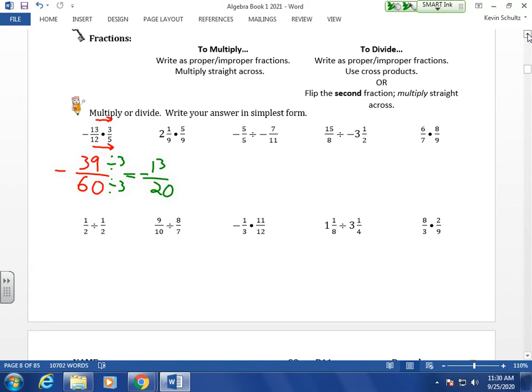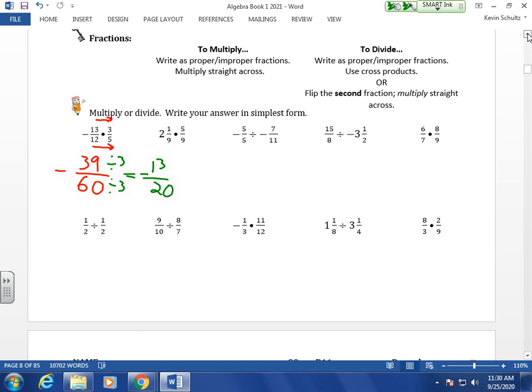Yeah, if you've got to simplify, you'll do it at some point, whether you do it first before you multiply, whether it's a multi-step thing and you simplify in the middle, or whether you do it at the end, it doesn't make a difference. Just so it gets done. I like to simplify at the very end, just so I don't miss anything, but that's just me. You can simplify at any point.